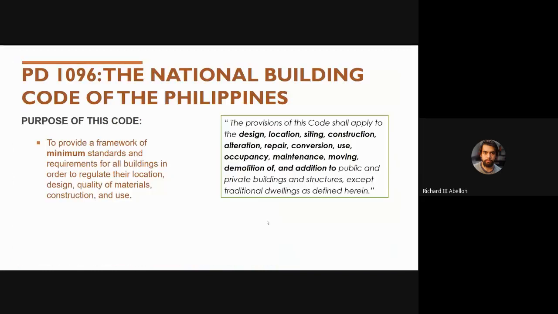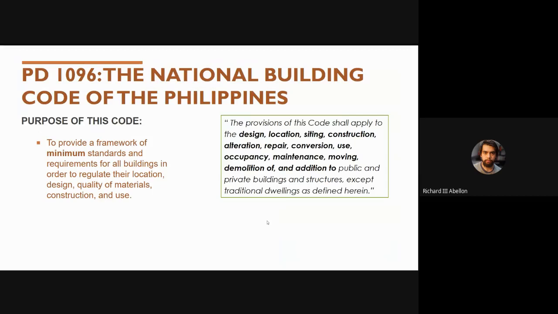So to start it off, we have the PD 1096 or the National Building Code of the Philippines. The purpose of this code is to provide a framework and minimum standards and requirements for all buildings in order to regulate their location, design, the quality of materials, construction, and the use.